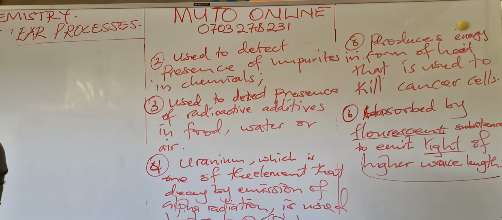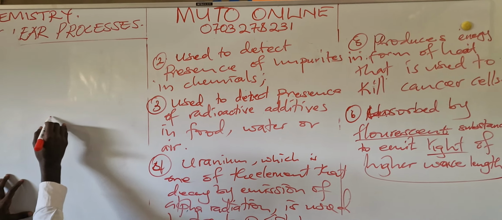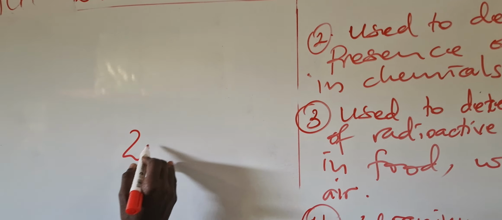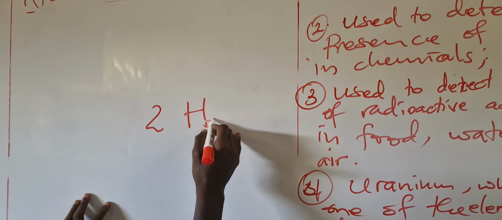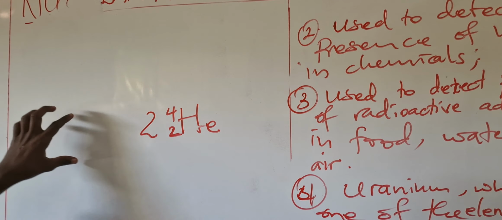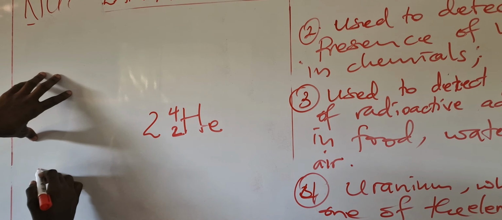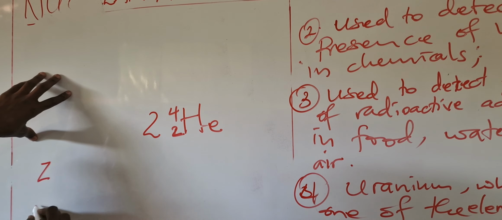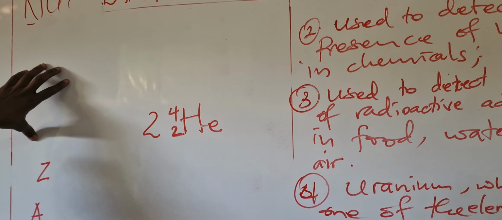But before I forget, the number of alpha particles emitted will always affect the extent to which the atomic mass and the atomic number will be reduced.